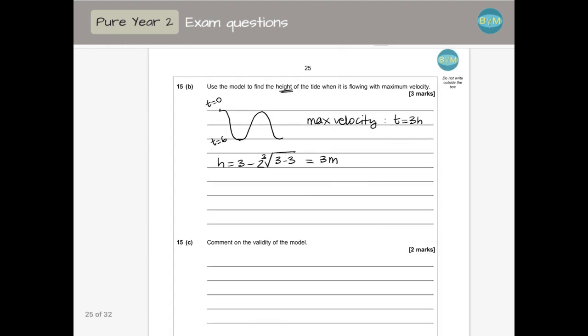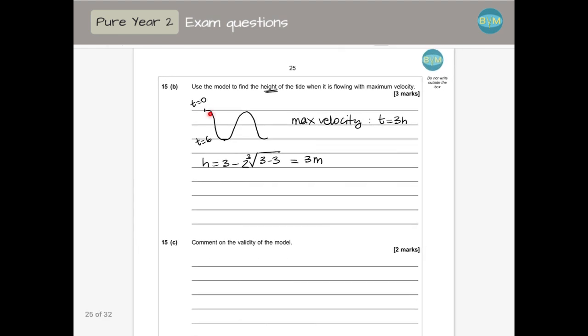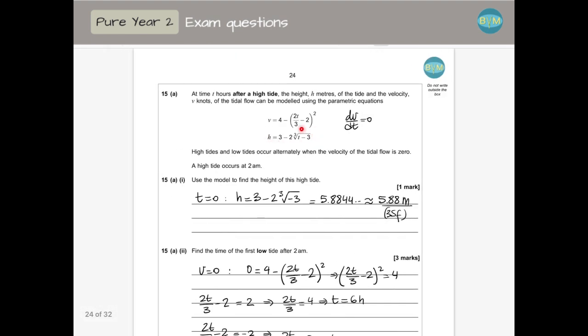Comment on the validity of the model. One of the things you have to notice is that the height of the tide must be periodic, going up and down, and this function is not periodic. When t increases, as the time passes, I'm going to subtract something bigger and bigger, which means the height is going to go down and down.